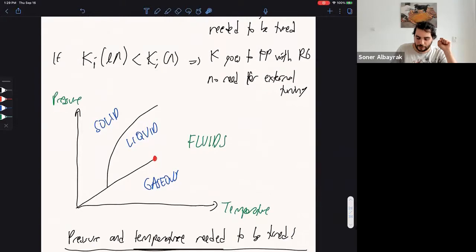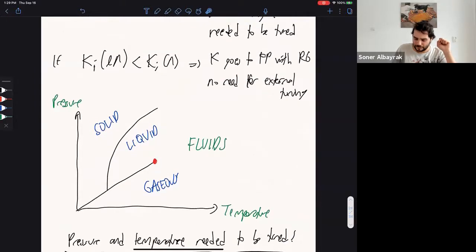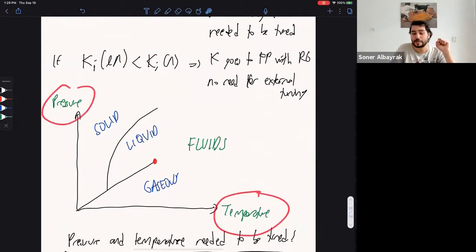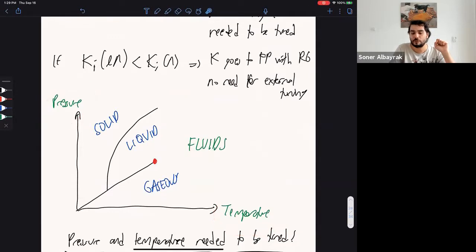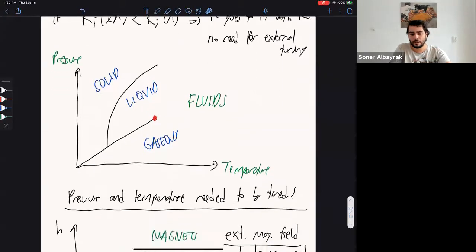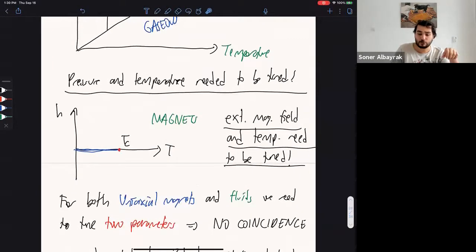We argued that in the case of fluids, for example, temperature and pressure are relevant directions. If you do an RG transformation, these parameters move away from the fixed point, so we externally need to tune them to stay at the critical point. Likewise, for uniaxial magnets, the temperature and external magnetic field need to be tuned externally because they are relevant parameters.